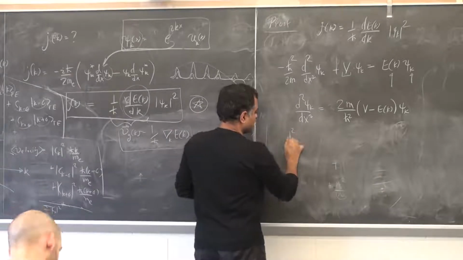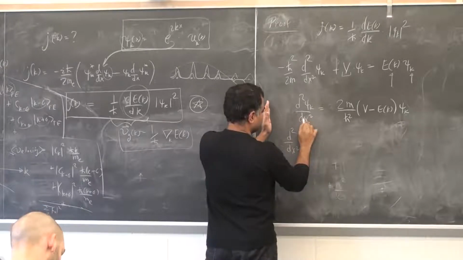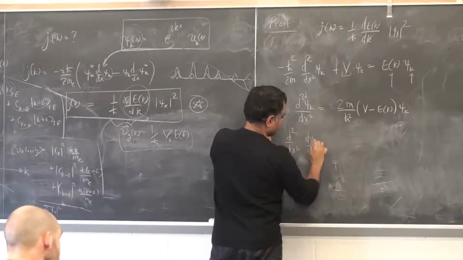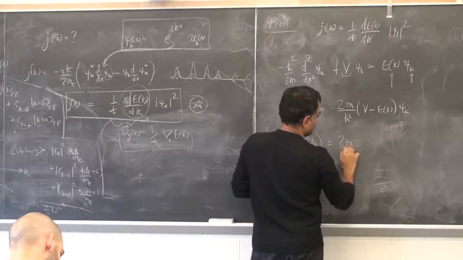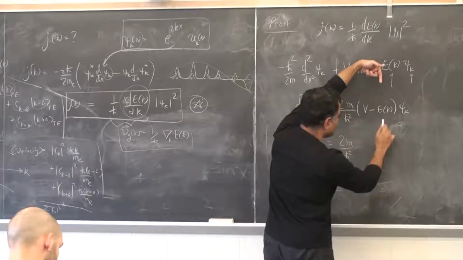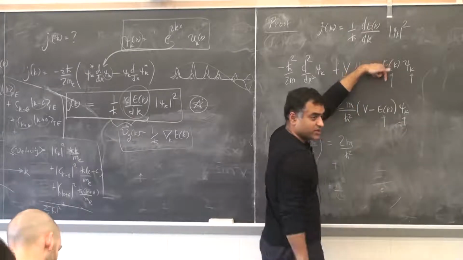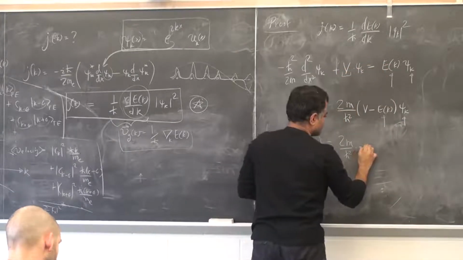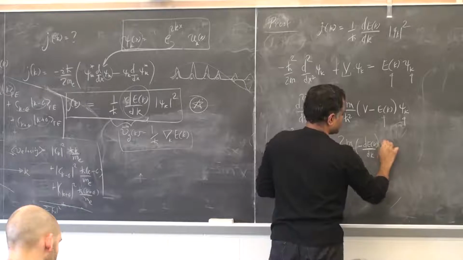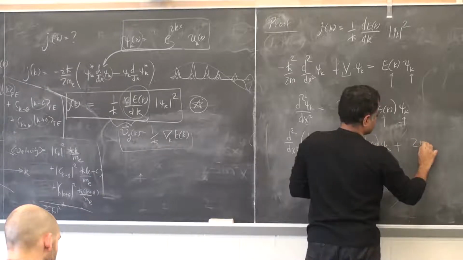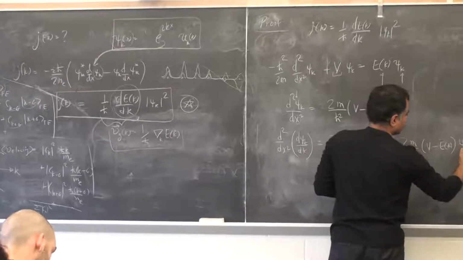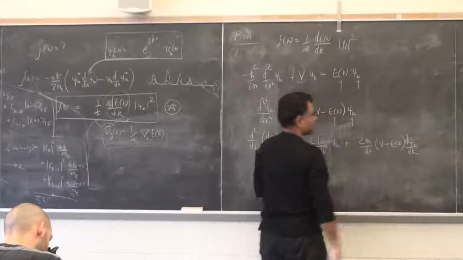So d2 over dx squared, d by dk doesn't interfere with x, it goes straight in and takes d psi k over dk, which is equal to 2m over h squared. And I'm taking a derivative with k, so you see there are two possibilities, either this or that. Both of them depend on k. So I first take this one, get minus dE of k over dk minus that times psi k plus V minus E of k times d over dk of psi k. Okay, so that's it.